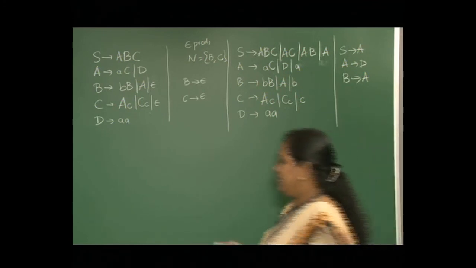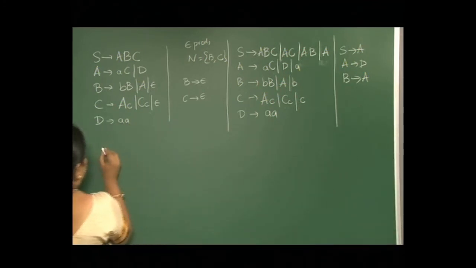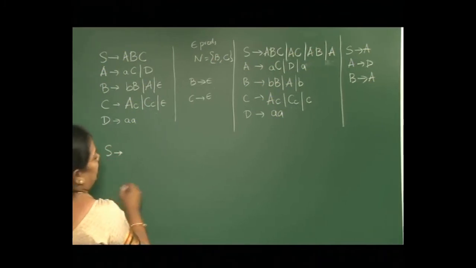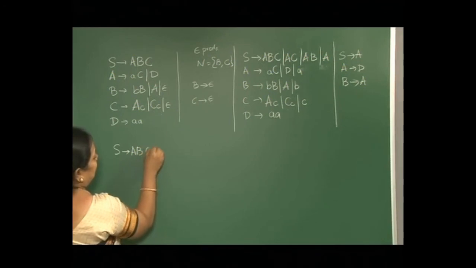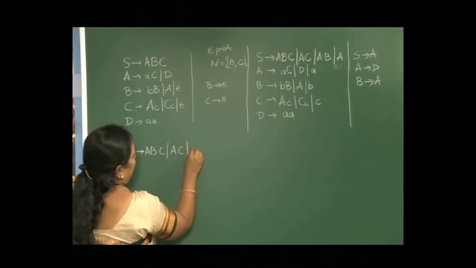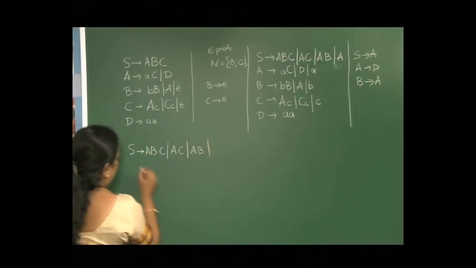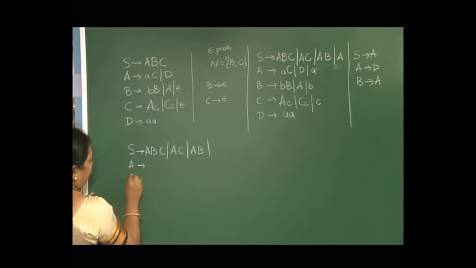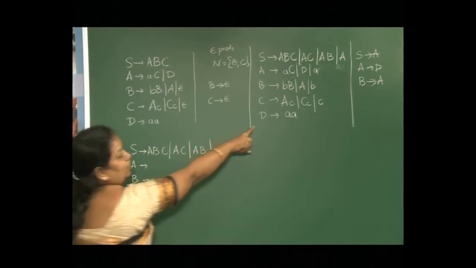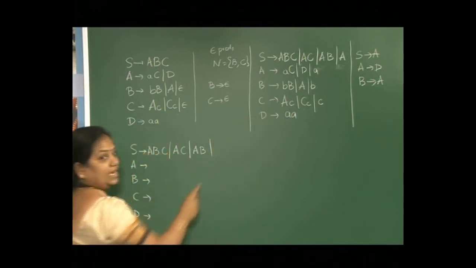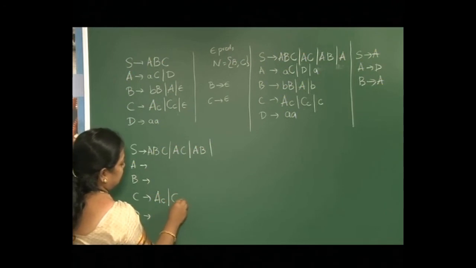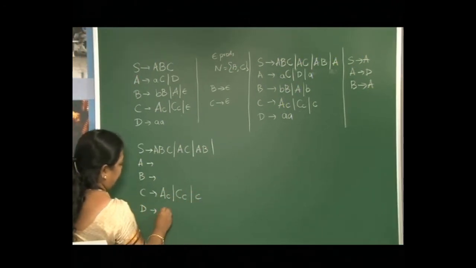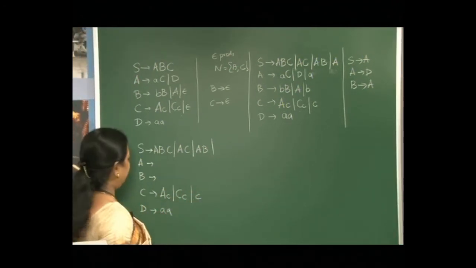On substituting these unit productions, I will get S tends to ABC or AC or AB. I do not have any unit productions in C and D, so the rules will be as they are, AC or CC or C, D tends to AA.